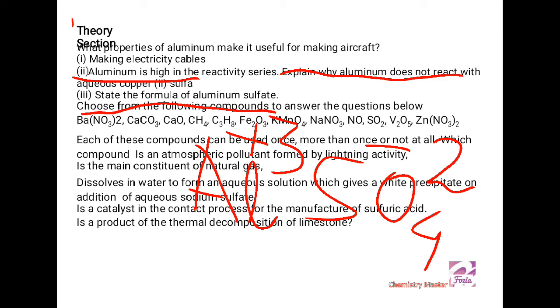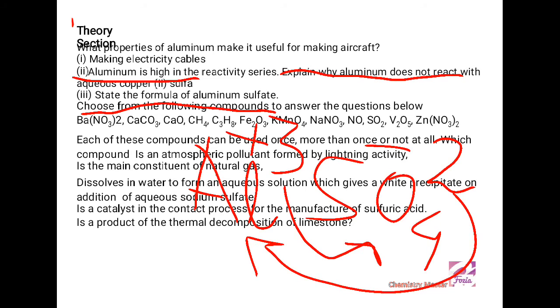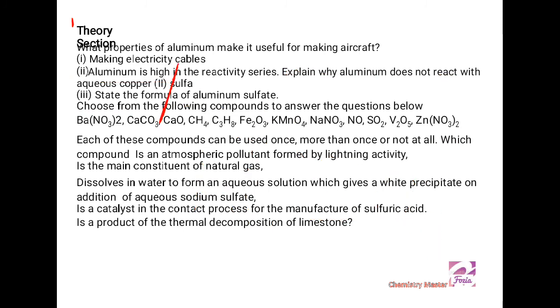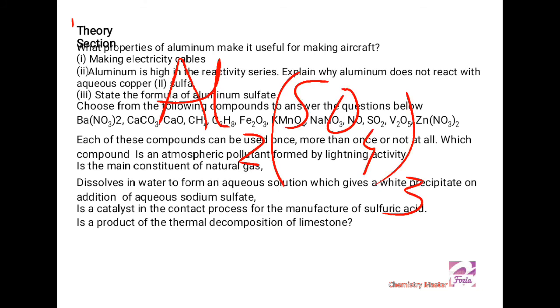In the third step, we crisscross their charges and make them subscripts. So the formula is Al2(SO4)3. I write it again for you: Al2(SO4)3. The valency or charge of aluminum is written here and the charge of sulfate is written here.